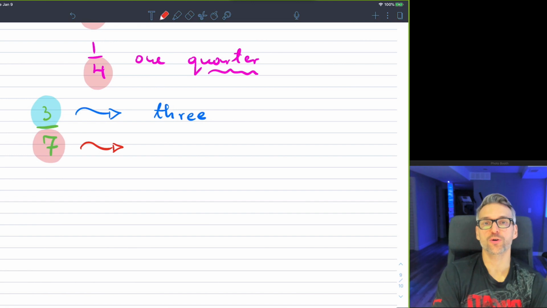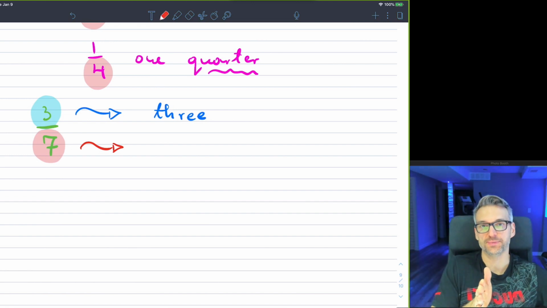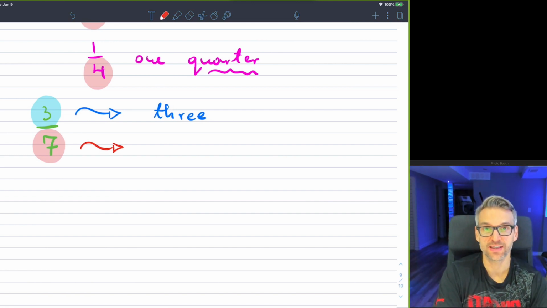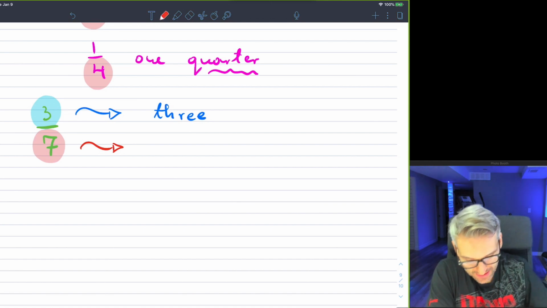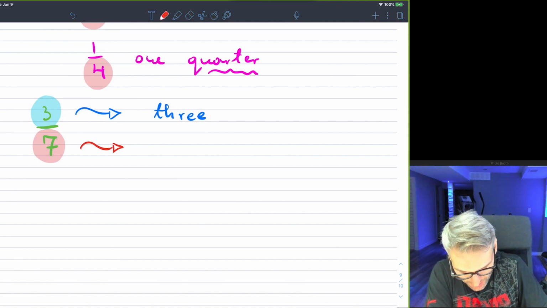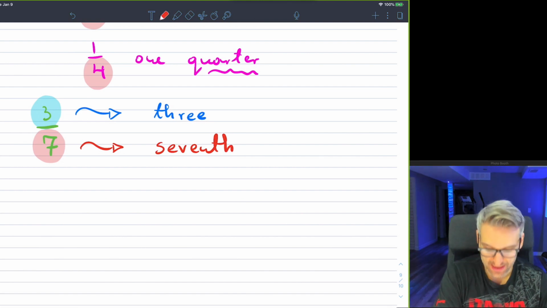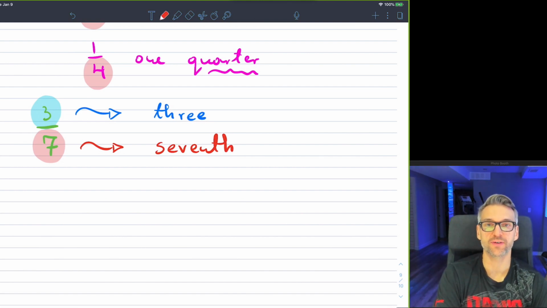They create an order that you are in. So with 7, you wouldn't say I am 7 in line, you would say you are 7th in line. So we take this denominator and say 7th. That is the ordinal number, so 3/7.